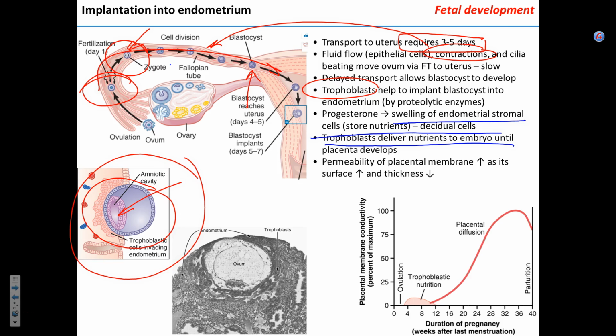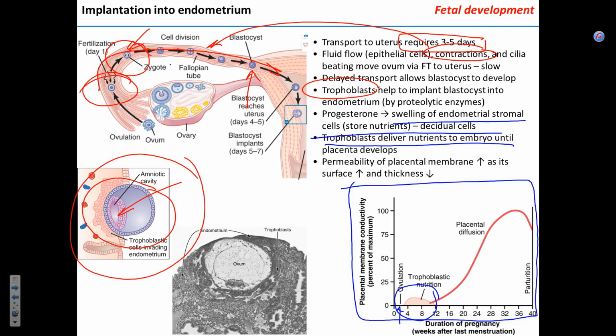If you look at this graph, you will notice that that's the time of ovulation, and all the way up until week 12 after the ovulation, trophoblasts deliver nutrients to the developing embryo.